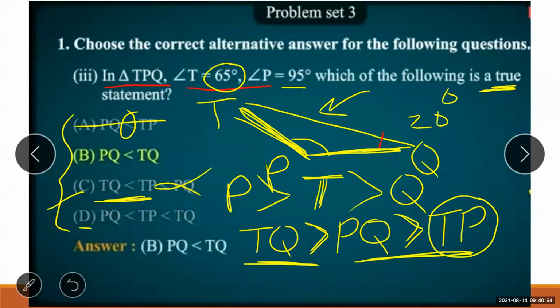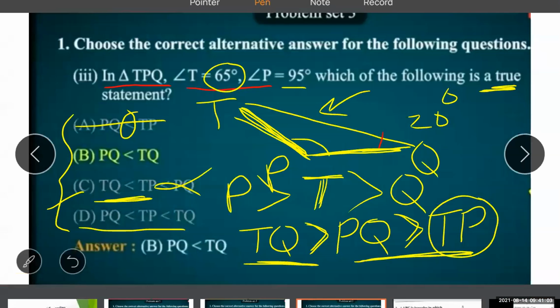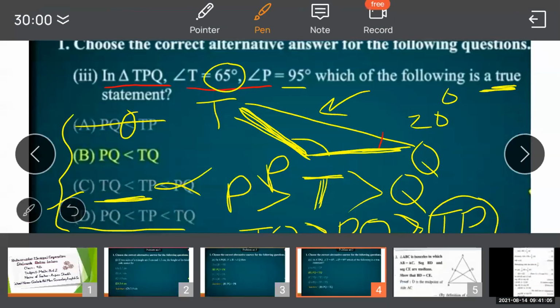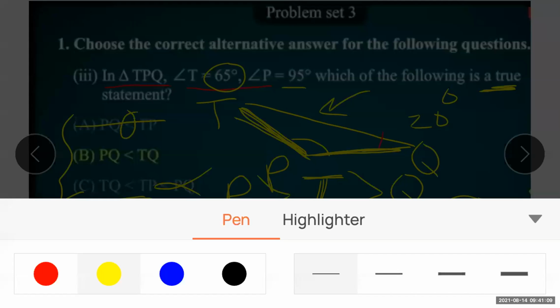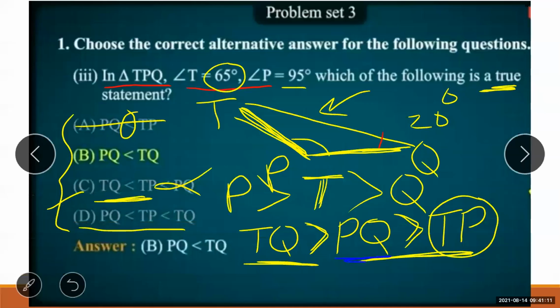See the last one, PQ less than TP. Here PQ is given as less than TP, but it is greater than TP. So that is not a correct option. So what remains? PQ is less than TQ.